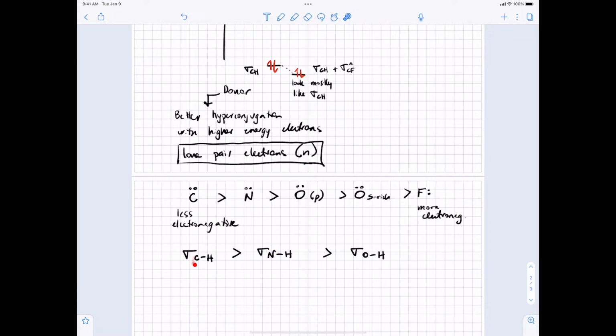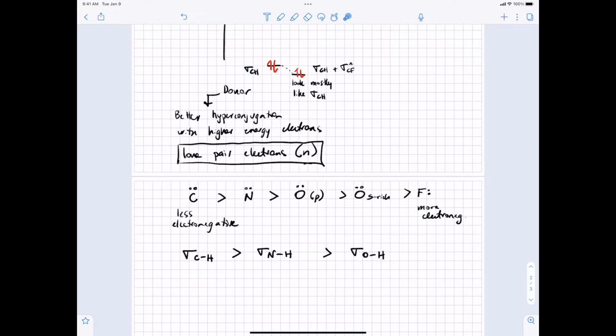Nitrogen being more electronegative than carbon, a sigma NH is going to be lower down in energy than a sigma CH. And because oxygen's even more electronegative than nitrogen, a sigma OH is going to be even lower in energy. You see the idea that as you start to involve electronegative elements, your orbitals start to move lower. And that's going to make you a poorer donor.